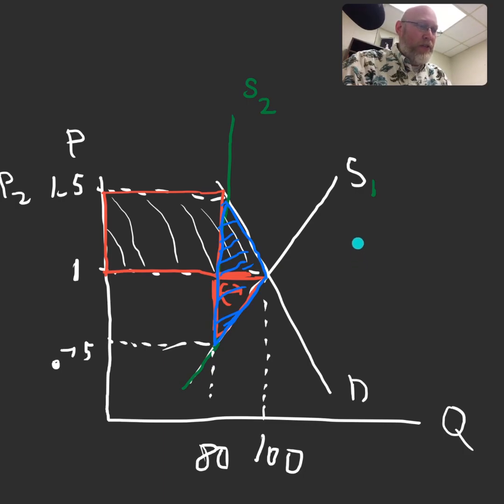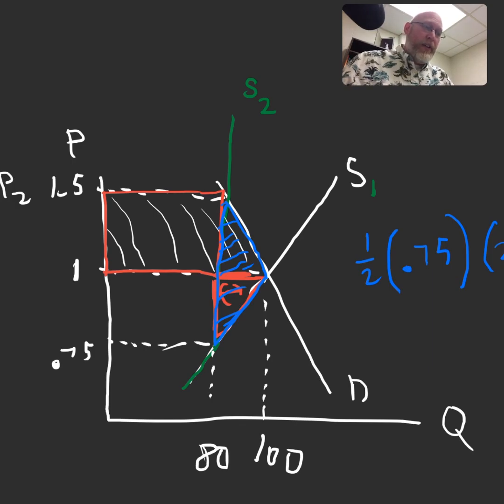The height of that triangle is equal to 75 cents. Going from 75 cents to $1.50 is 75 cents. And the base of the triangle is 20, going from 80 to 100. All right. Well, 1/2 of 20 is 10, and 10 times 0.75 is equal to 7.5.